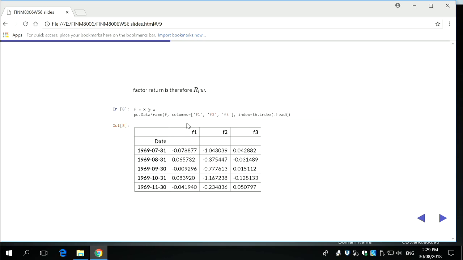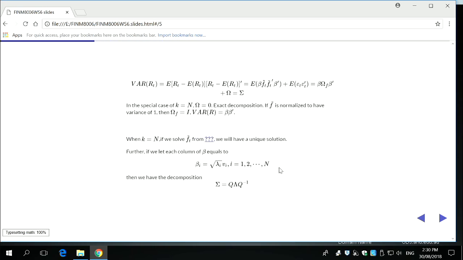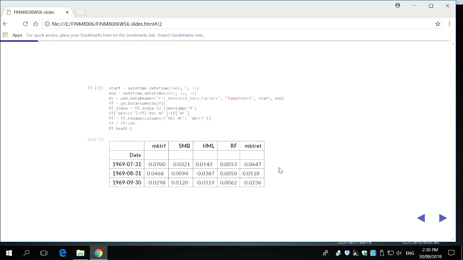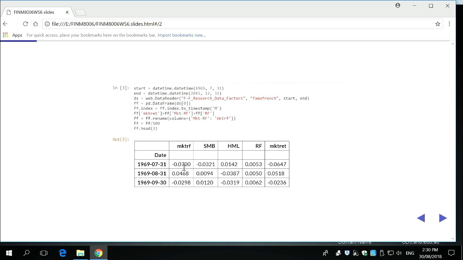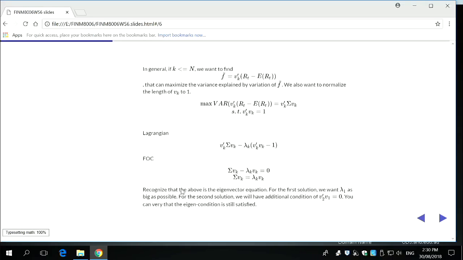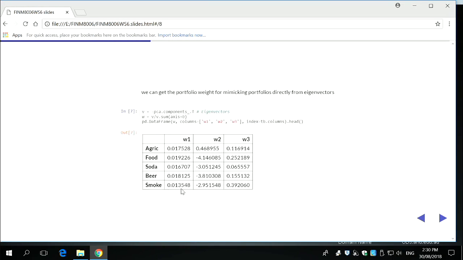If you look at this f1, this is like negative 7.8%, positive 6.5, almost 0, positive 0.8. And if you compare this to the market returns or the market excess returns, they are actually quite close. Right. So that's one way to actually get the factor returns.